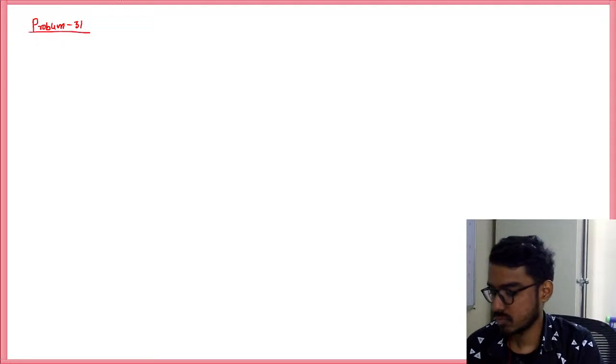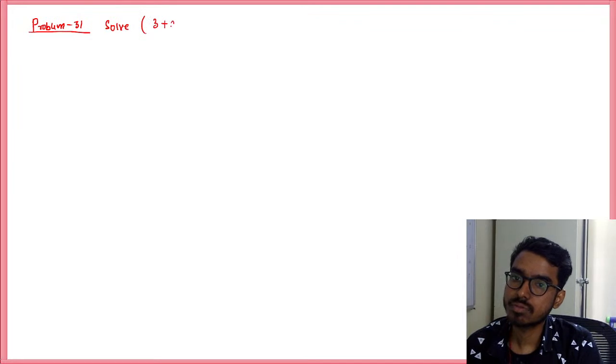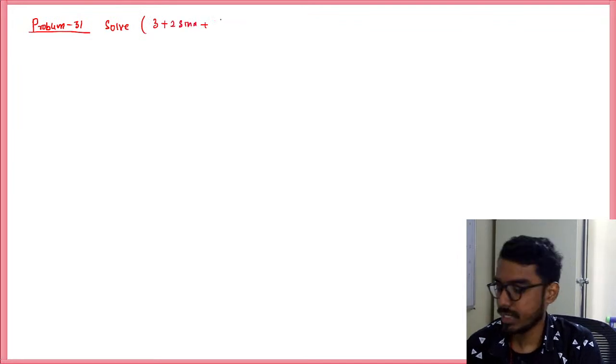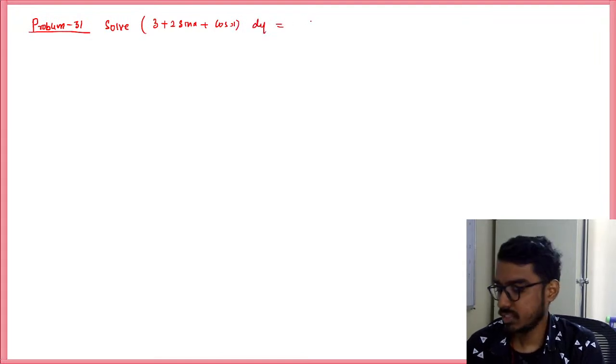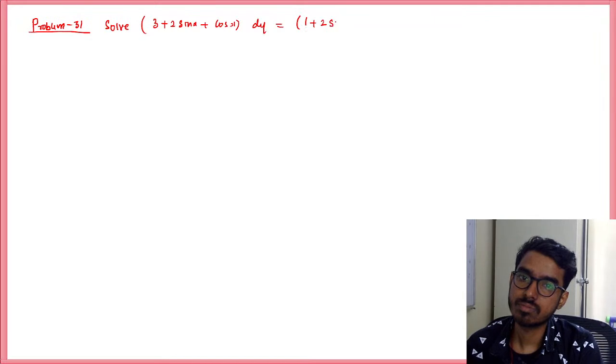Problem number 31. Solve (3 plus 2 sin x plus cos x) dy is equal to (1 plus 2 sin y) cos y dx.